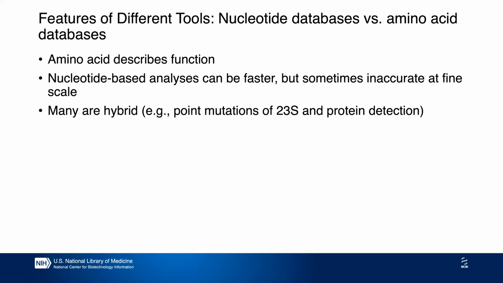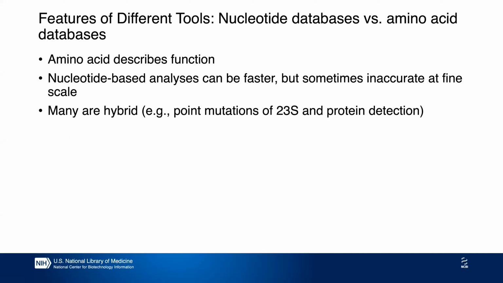Another thing to think about are nucleotide databases versus amino acid databases. The amino acid in most cases describes function, leaving aside things like promoter regions and whatnot. The advantage of nucleotide analyses is they can be faster, and you can also search large read sets with those kinds of analyses.